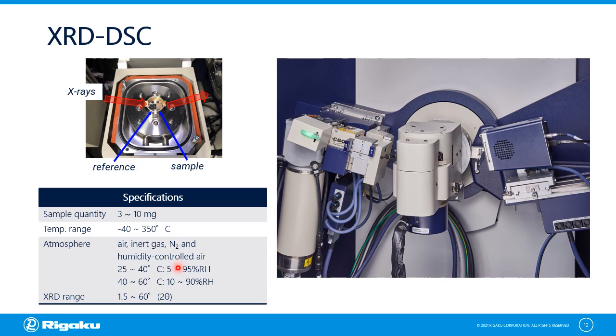Depending on the required humidity range, the temperature range differs. The scan range for X-ray diffraction will be between 1.5 and 60 degrees 2 theta. Both temperature and humidity, if equipped, are fully controlled by the instrument control software. You can edit the program on the graphical user interface of the software.